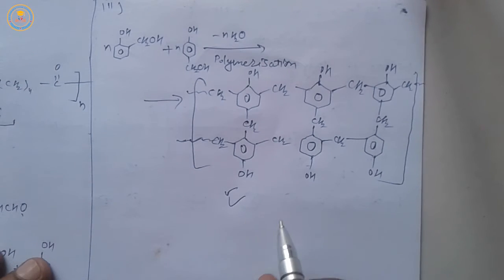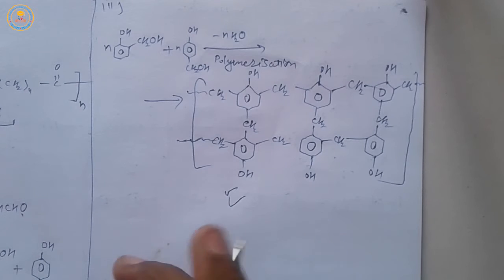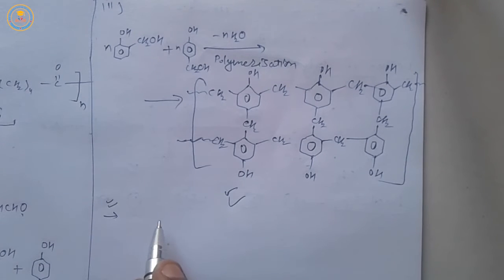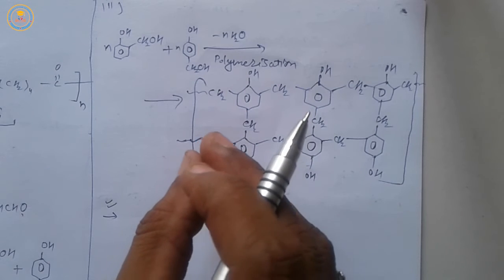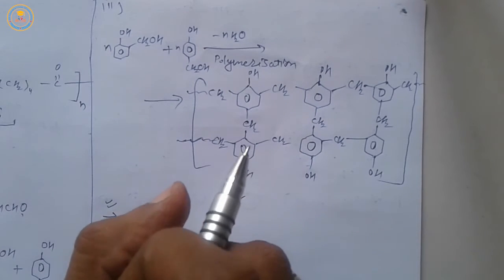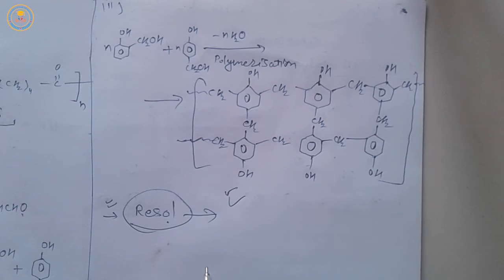It is bakelite, a cross-linked polymer. Next point, very important: if the ratio of phenol and formaldehyde is taken more than 1, then resol is obtained.